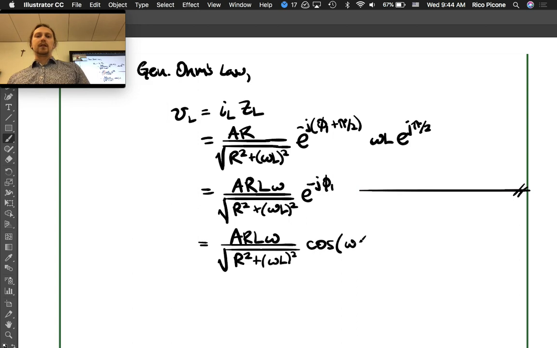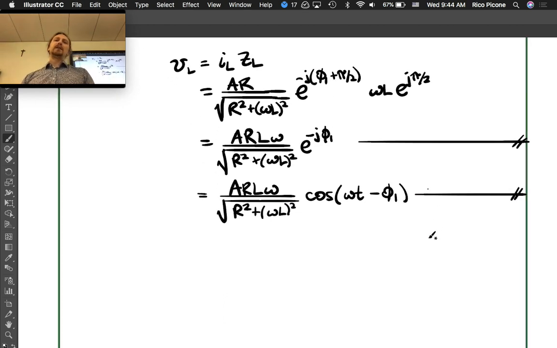Omega t minus v1. Excellent. Great. And we could do the sine form too, but that seems sort of superfluous at this point because you'd have to add in a pi over 2 ad hoc at the end.